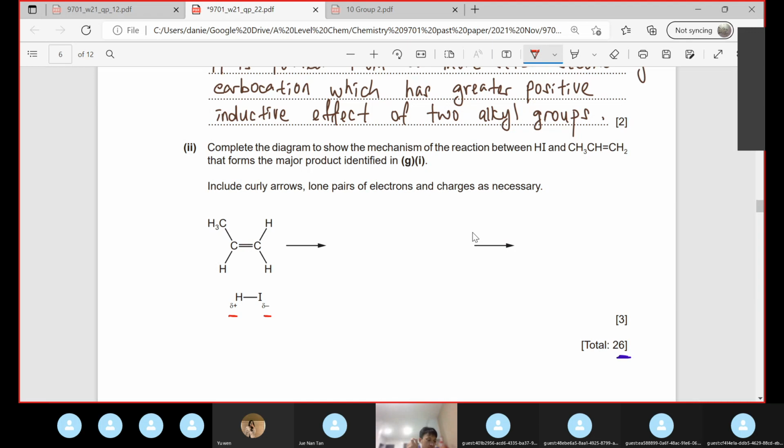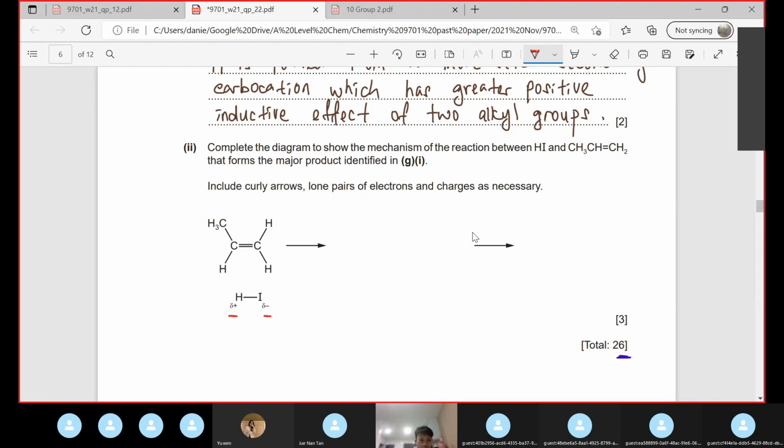Then for this reaction, it is electrophilic addition. So we add the reagents across the C double bond C. Then our nucleophile is our double bond, the alkene.